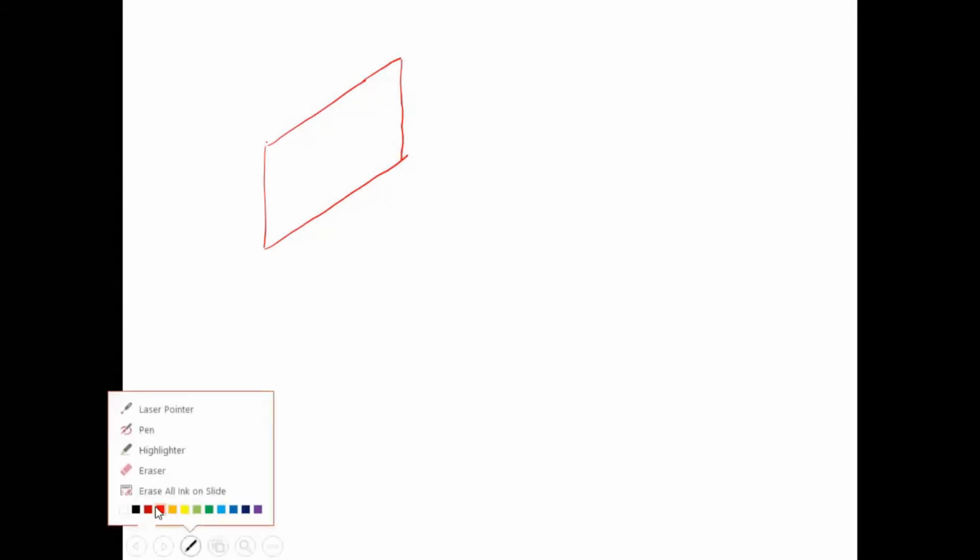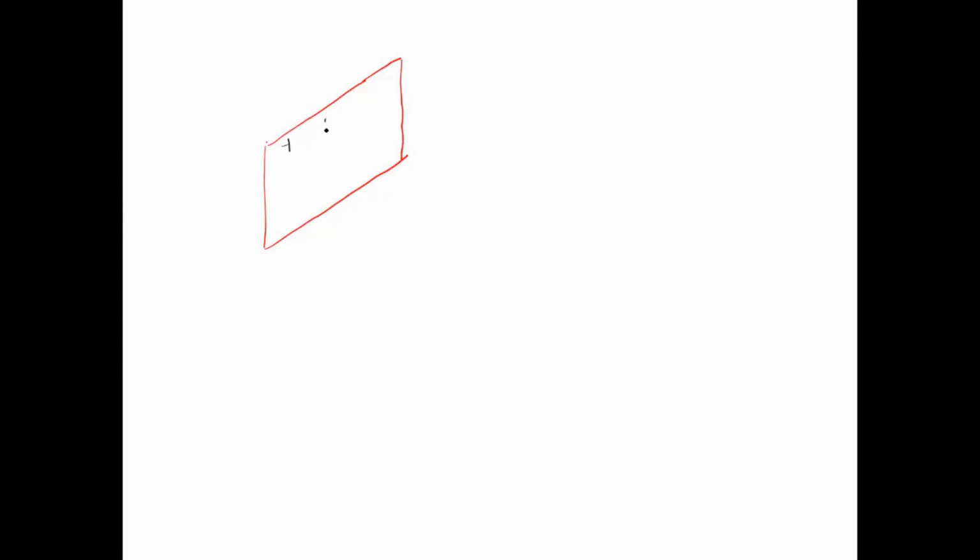So I have this surface, and then on this surface I have some charges that are distributed uniformly.